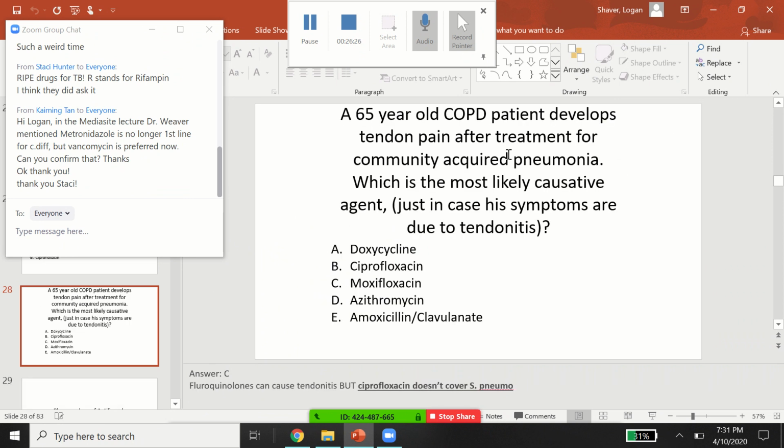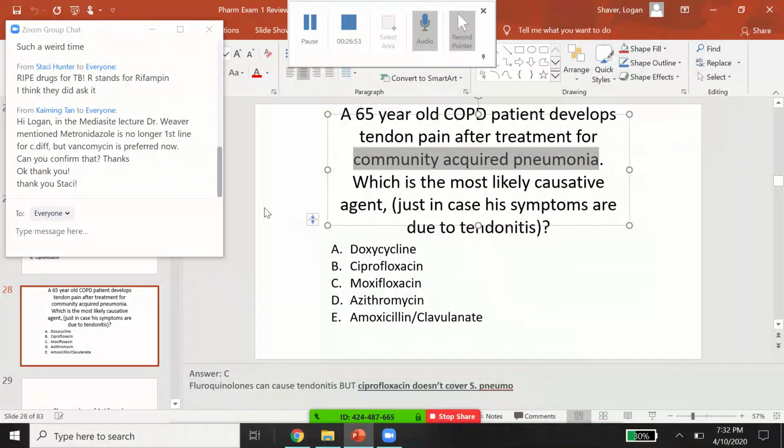And then somebody comes in who has COPD, and they develop tendon pain after treatment for a community-acquired pneumonia. What was the most likely causative agent? If you guys remember, fluoroquinolones had that adverse effect of tendinitis. So notice they have that tendon pain, and they were treated for community-acquired pneumonia.